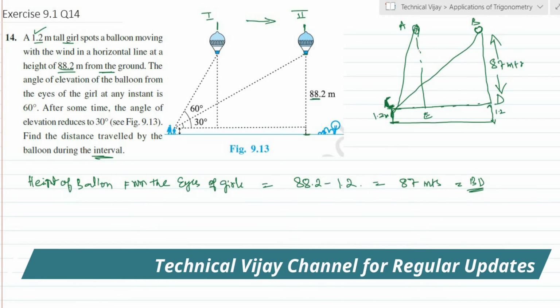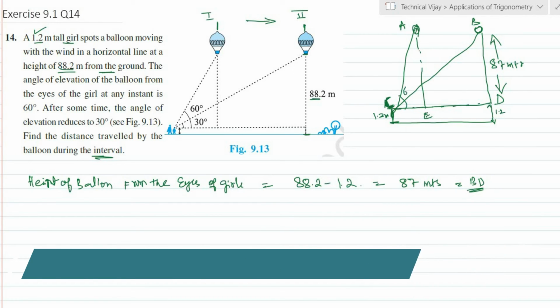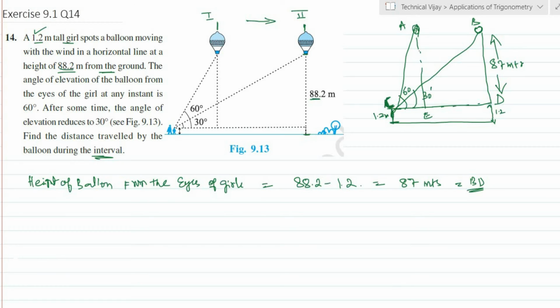Now we will consider this. See, this angle is 60 degrees and this angle is 30 degrees. So we will consider triangle CAE. From this, opposite divided by adjacent. Opposite we know, that is 87 meters. Tan 60 is equal to opposite by adjacent.